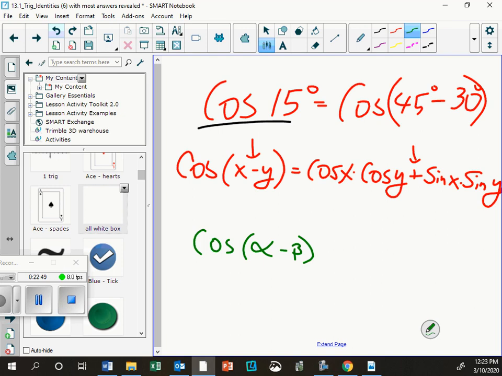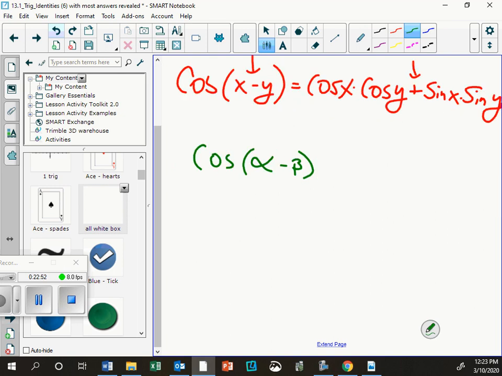They'll tell you what alpha and beta are by drawing you or telling you how to draw a picture for them. So imagine for a moment they say, here's alpha, and alpha is the angle that would have this side being 3, this side being 4, and this side being 5. You'd be like, I don't recognize that one. Well, you just know it's a 3, 4, 5 triangle, right?